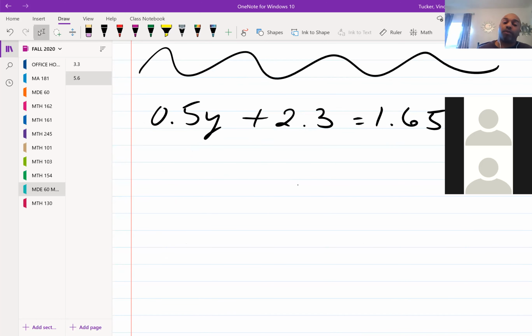Just like with clearing out your fractions. Remember, we talked about that last class. Clearing out your fractions, you don't have to use it, but it helps. So let's look at clearing out the decimals.